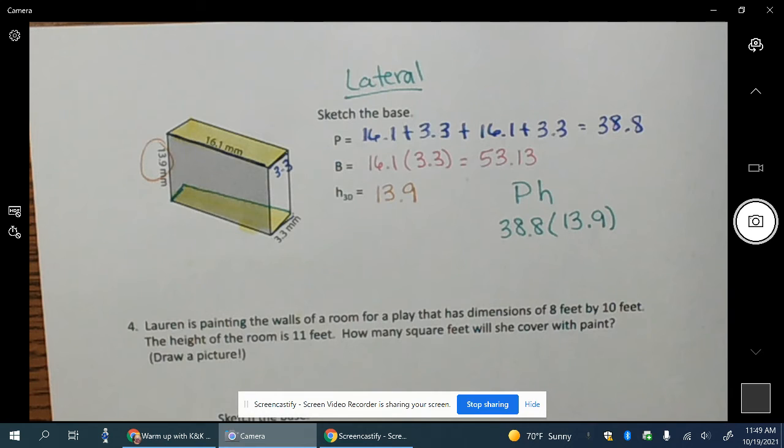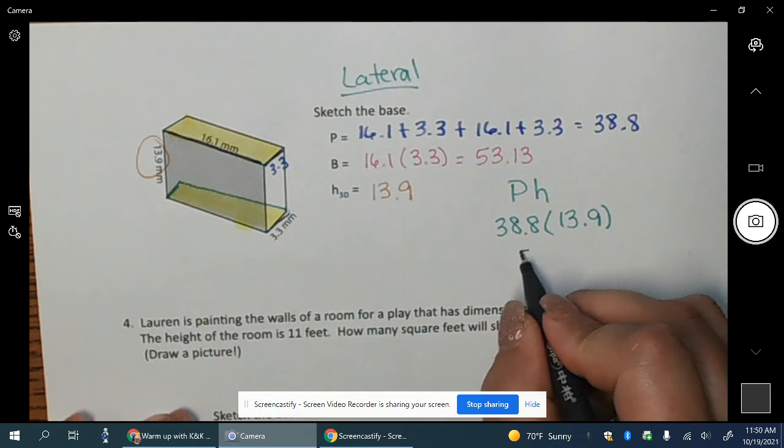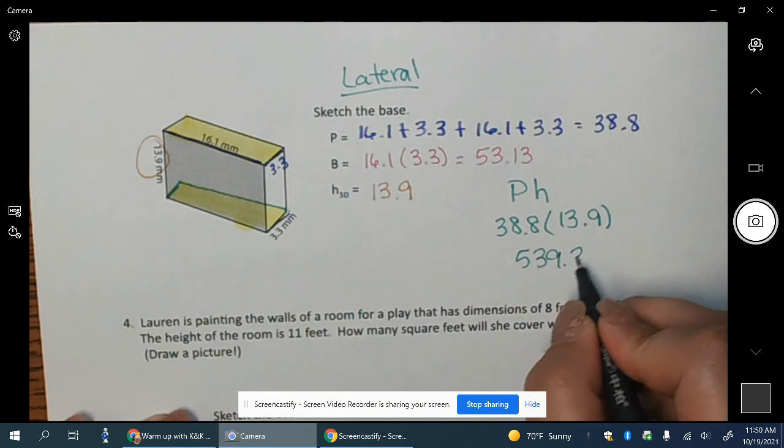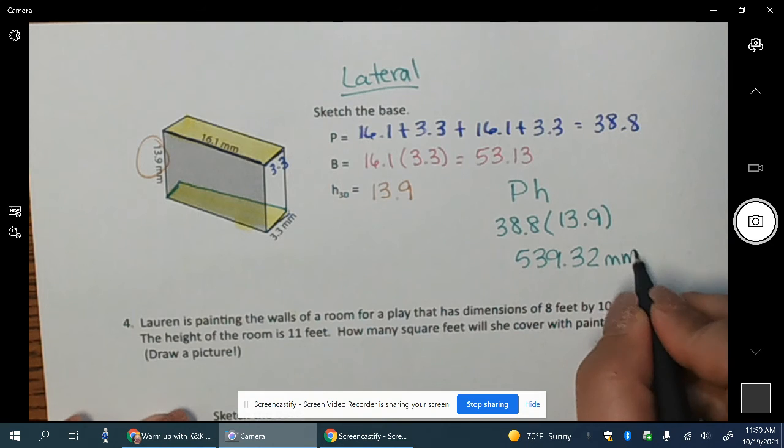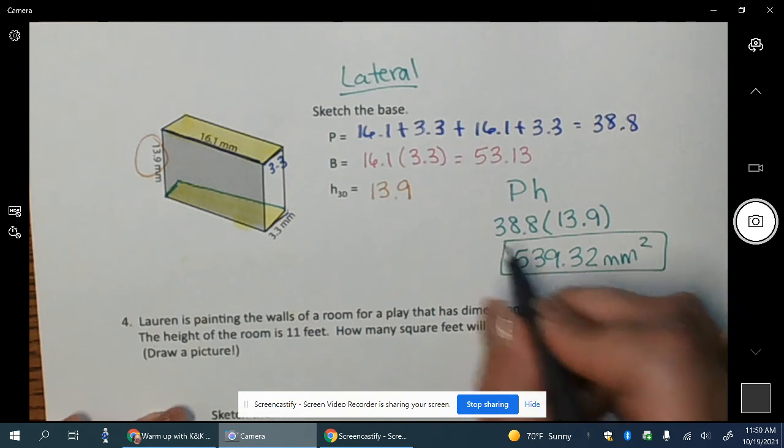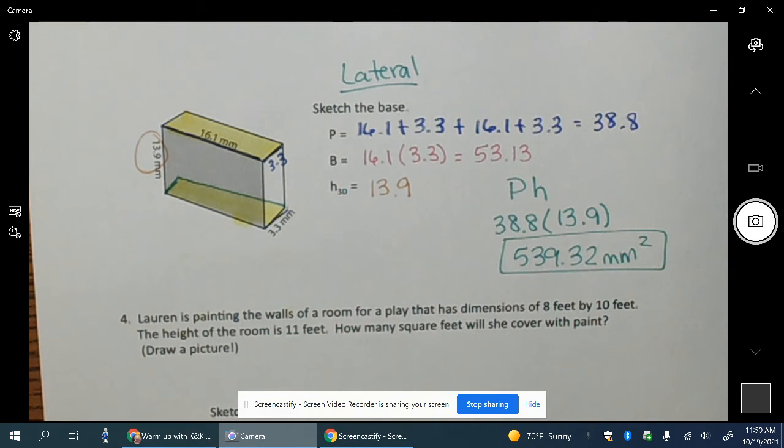So what is the lateral surface area? Everybody should be picking up their calculator and multiplying. 539.32. Good. And it's millimeters squared.